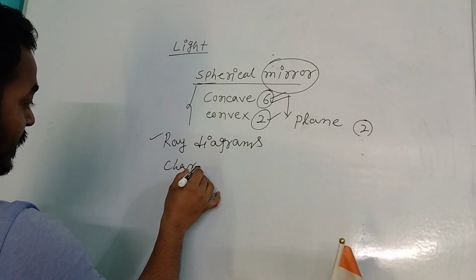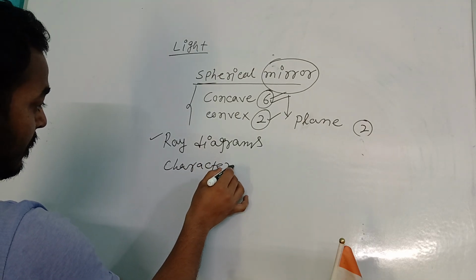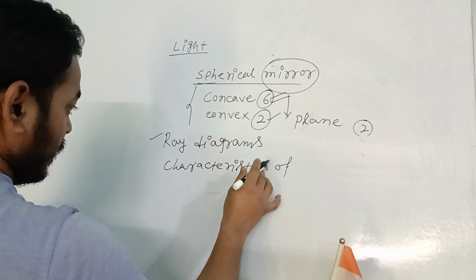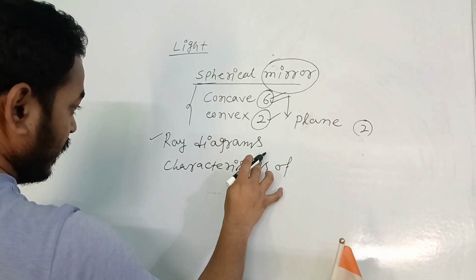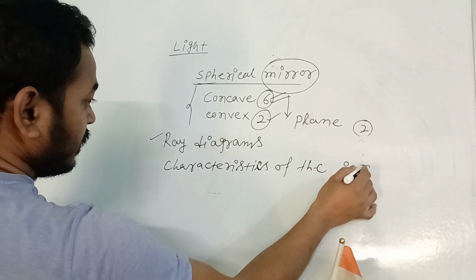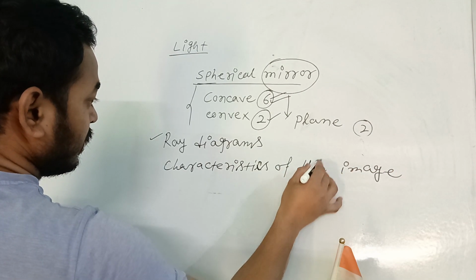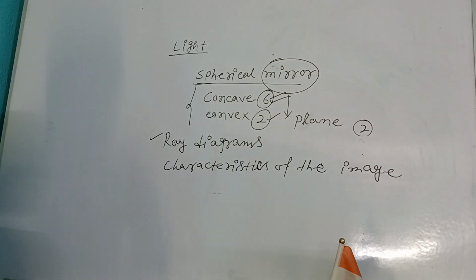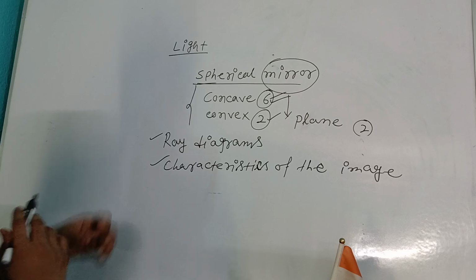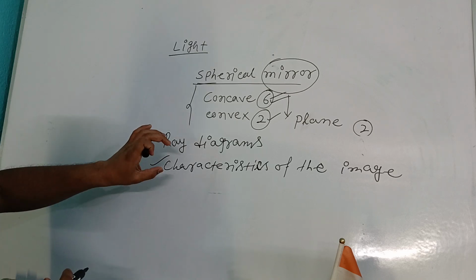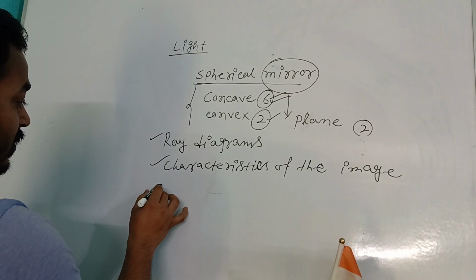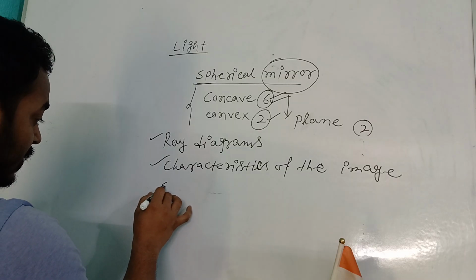Next, characteristics of the image. Done. After ray diagrams and characteristics, we will discuss the sign convention.